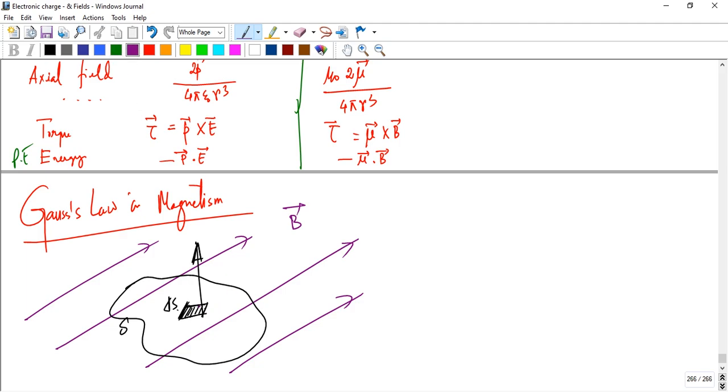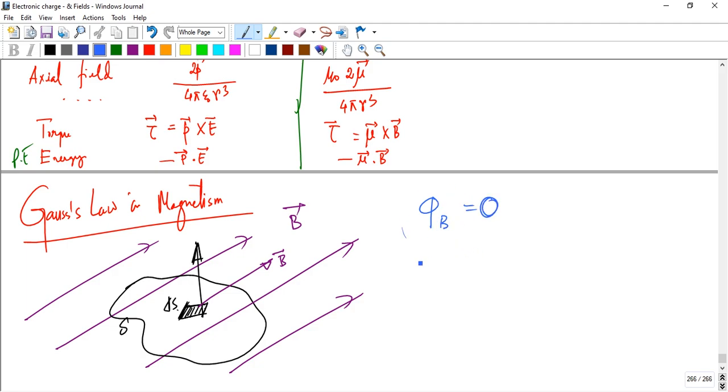Now, important: the field lines leaving the surface and the field lines entering the surface are equal. The total magnetic flux phi B is 0.